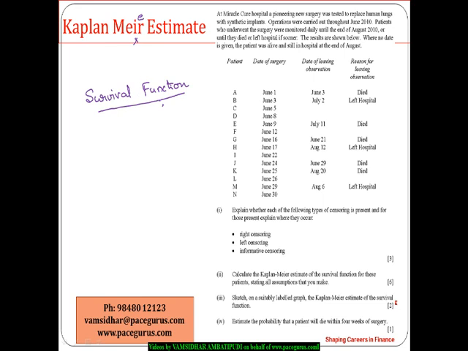So now we'll take another data set to understand this Kaplan-Meier estimate, and even get to a layer of computing the probability of survival or probability of death from it.